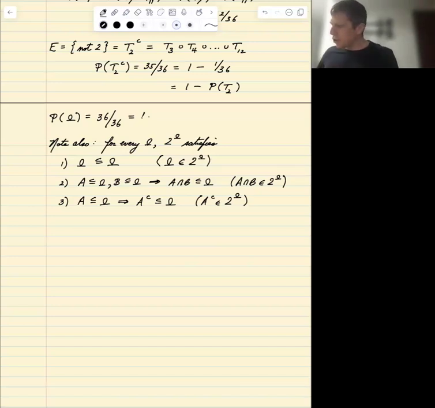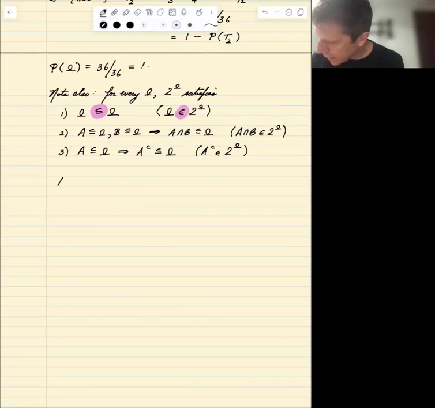Okay, something to highlight here. There's a difference between the subset symbol and the element symbol. What is it? When I write A is a subset of B, this is a relation between sets.